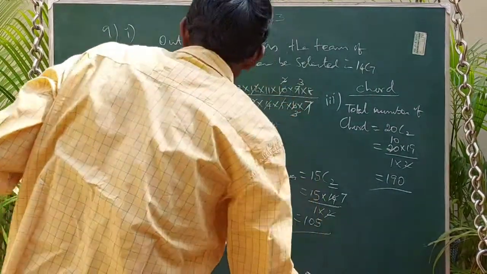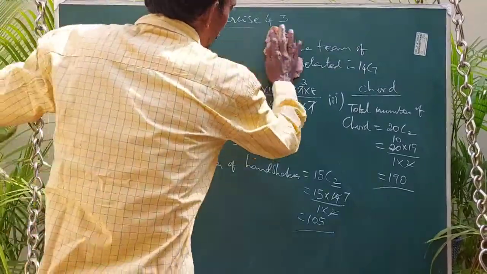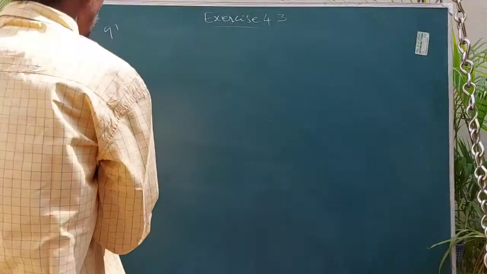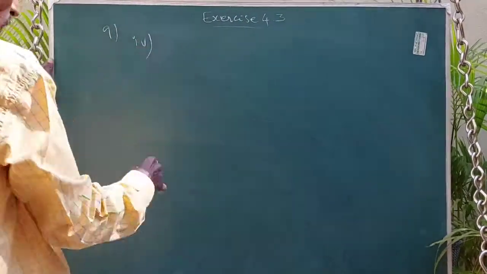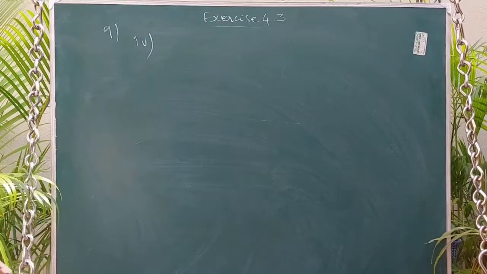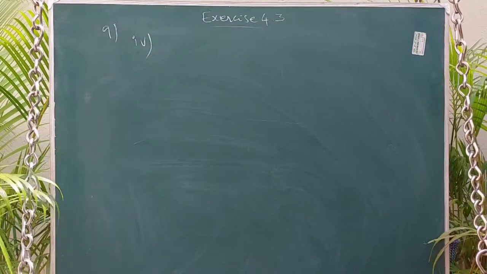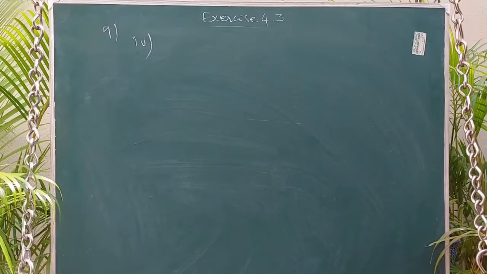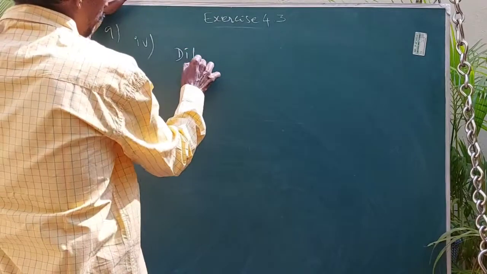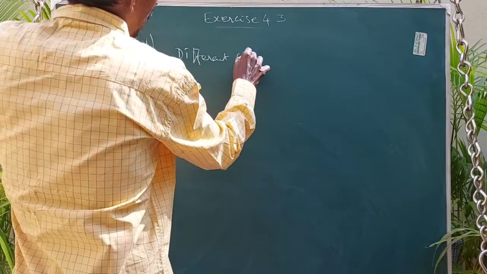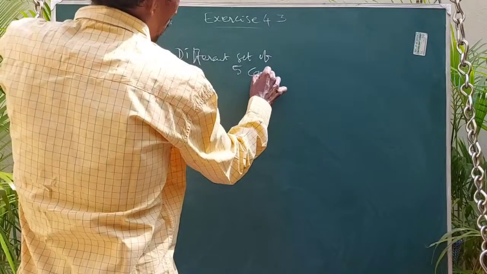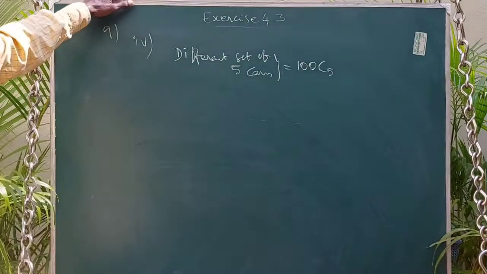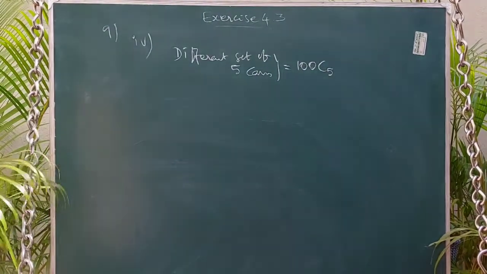My dear students, there are 100 cars of 1 year old parked in the parking lot. Here they are going to inspect any 5 randomly. So the number of possibilities: the different sets of 5 cars is equal to 100C5. They are selecting 5 from the 100.